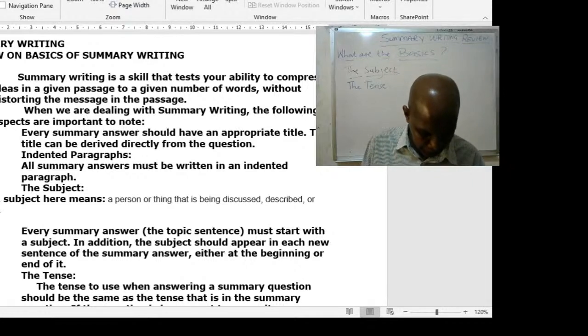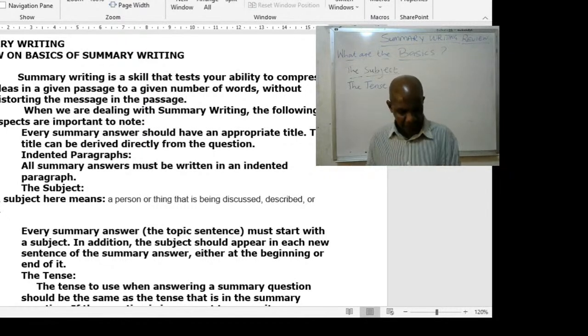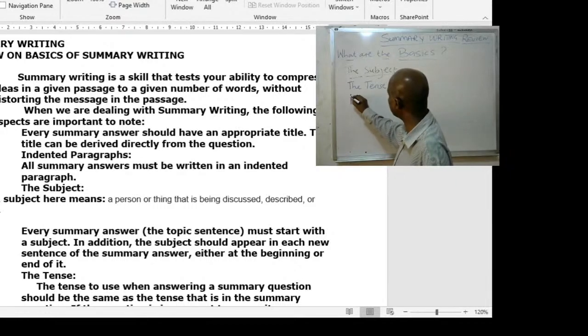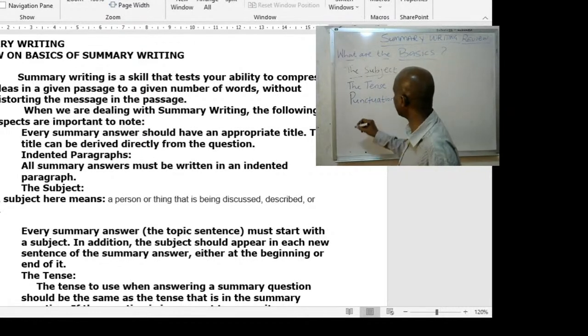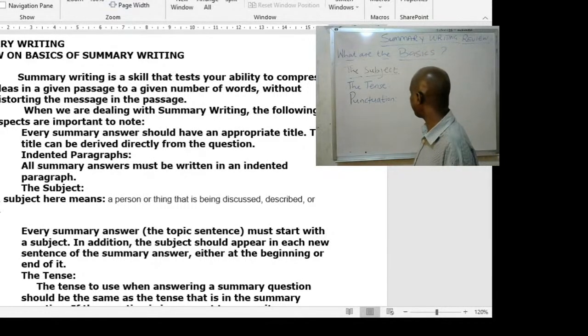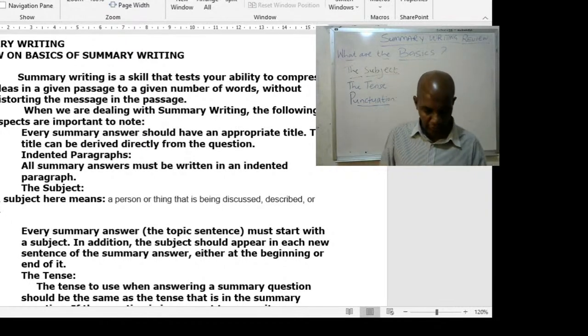Another important aspect, which I don't want us to ignore, is the issue of punctuation. As students and learners of English language, punctuation will either make your day or it will spoil it.